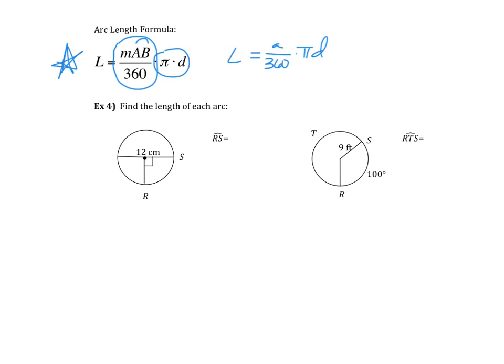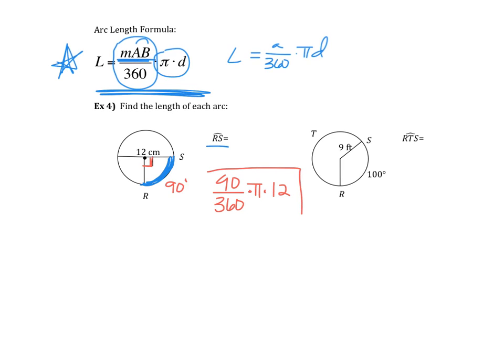So this first one says find the length of each arc. So arc RS, that's this arc. Okay, well if we think about how we plug that into this formula, it's the measure of the arc. So how many degrees is that arc? Well, I know the angle is 90, so the arc's got to be 90. So that would be 90 over 360, and then it's times the circumference, pi times the diameter.